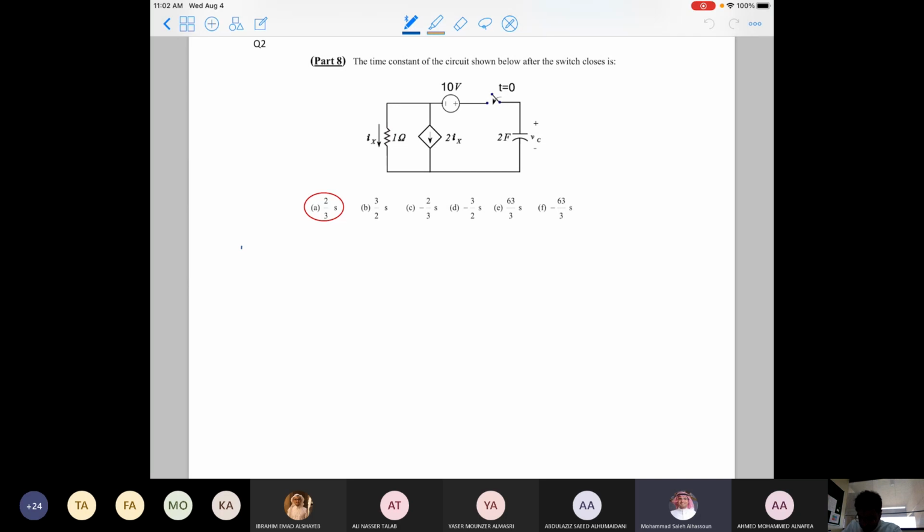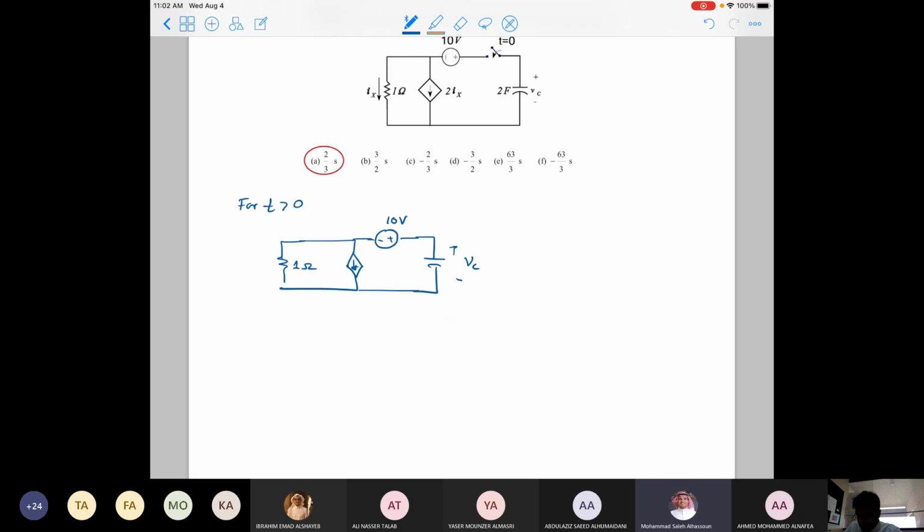For t greater than 0, we have the following circuit. What we need to do is find the Thevenin resistance seen by the capacitor.